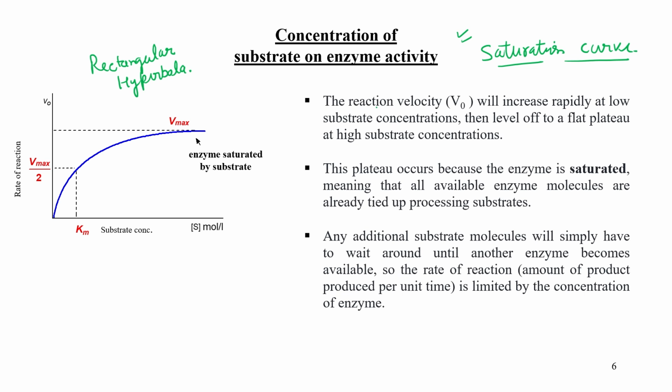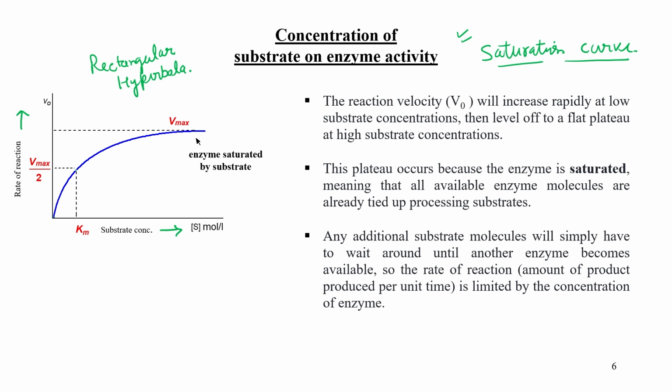Then just see the graph. On the x-axis there is the substrate concentration, and on the y-axis is the rate of reaction, or we can say the velocity of the reaction. Initially, as we increase the concentration of substrate, the reaction rate increases very fast, almost in a linear way.